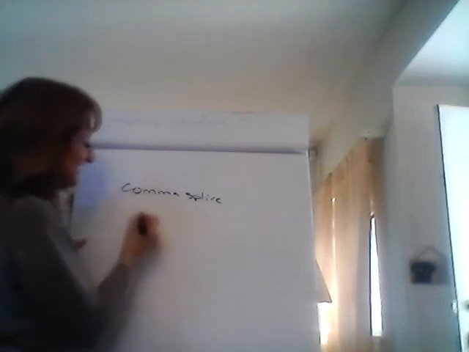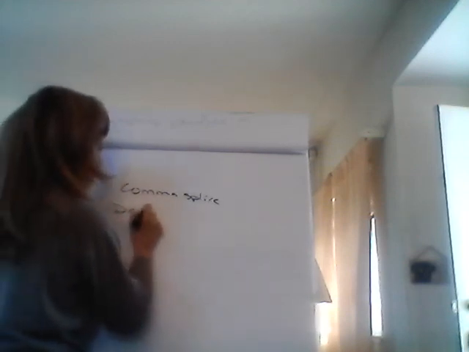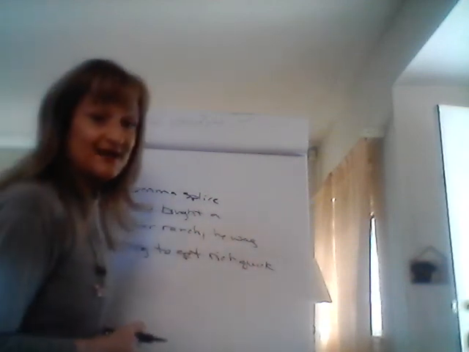All right, so let's go back to David and his gopher ranch. David bought a gopher ranch, comma, he was trying to get rich quick. David bought a gopher ranch. He was trying to get rich quick.